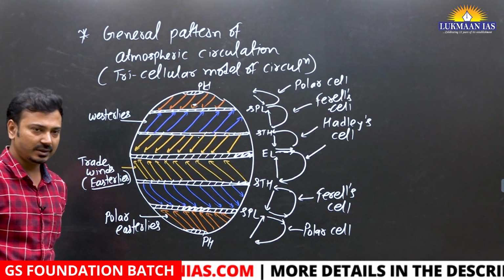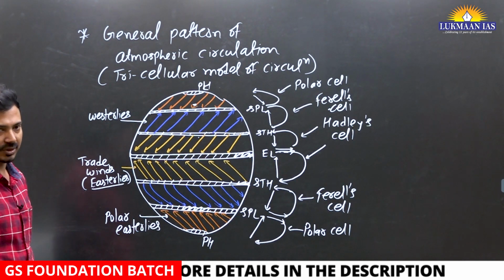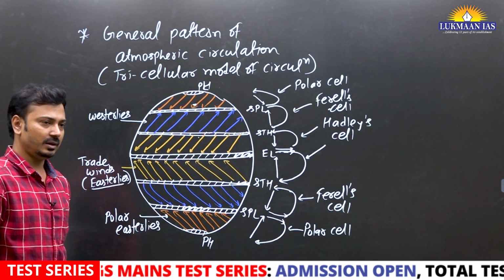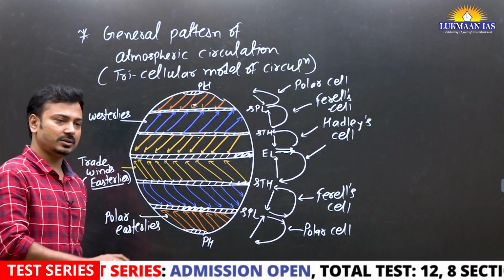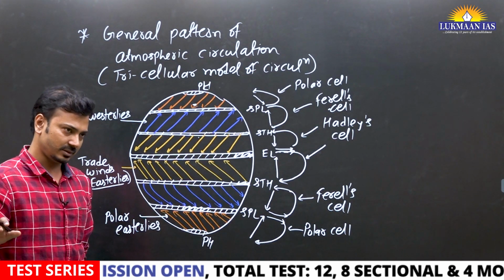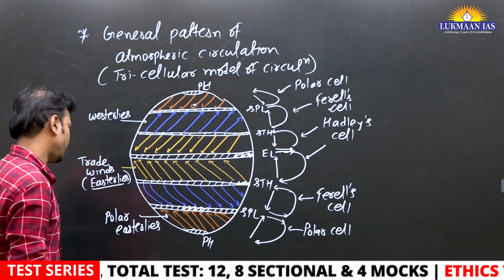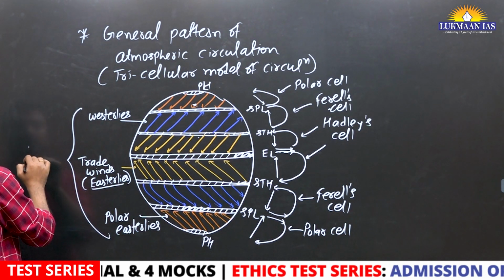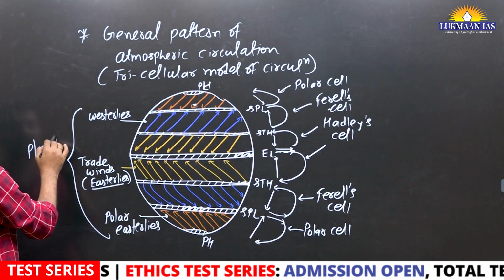Whatever winds are moving along the ground between these pressure belts, they are moving throughout the year, and they are moving on a larger surface of the earth. That's why they are called planetary winds.